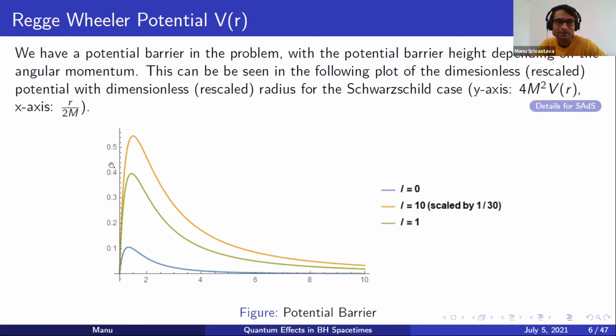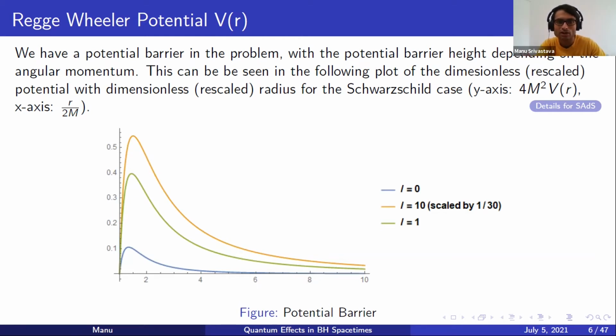So given a fixed energy E, the high l modes will face a higher potential barrier and therefore will be exponentially suppressed in most cases. As it will turn out later, the relevant modes for us which will not be exponentially suppressed are only up to a particular l, say from l equal to 1, 2, 3, 4 to l max. Anything above that will be exponentially suppressed.